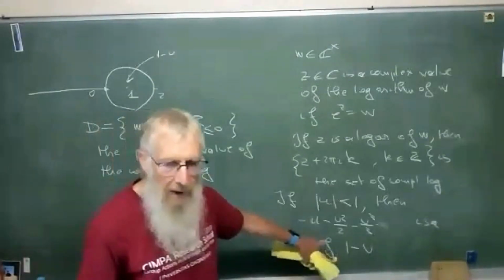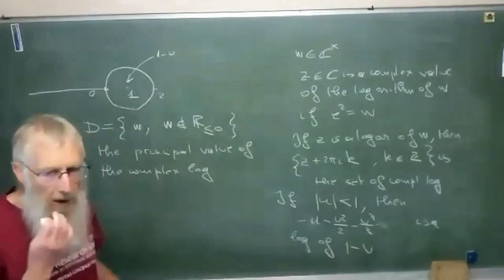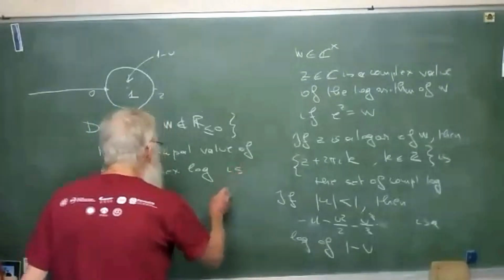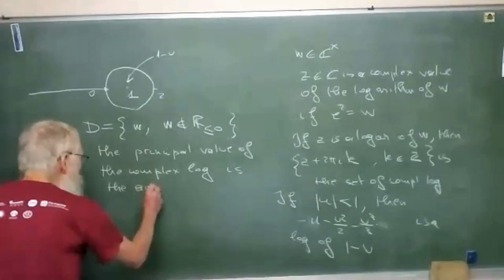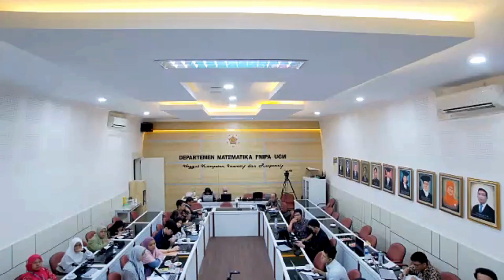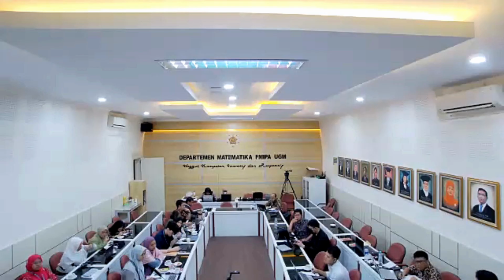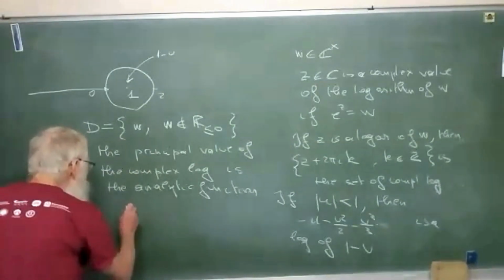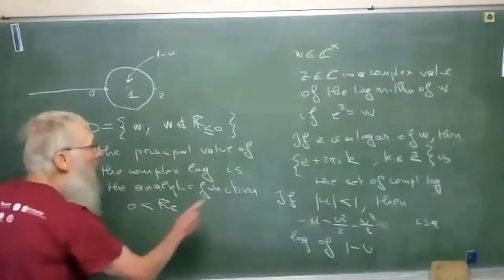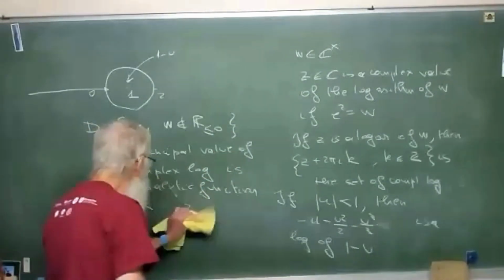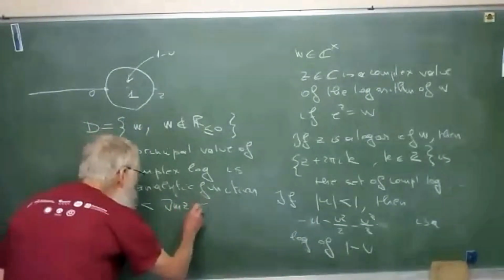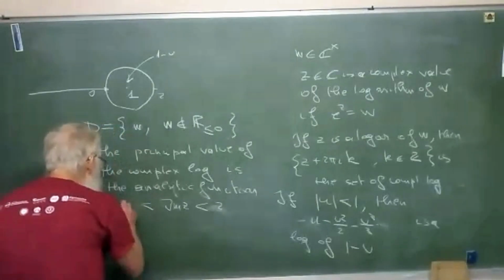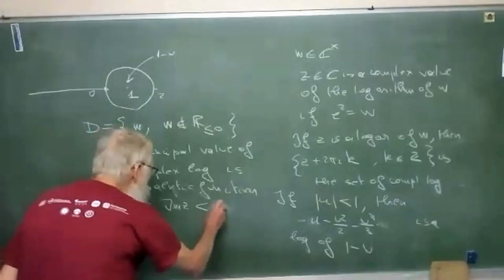It is not defined by this series. This series is convergent only here, but it is the only analytic function which has the property that the imaginary part of z is between minus pi and pi.